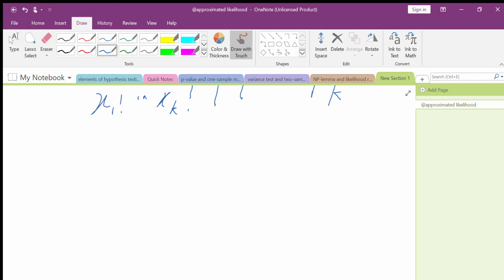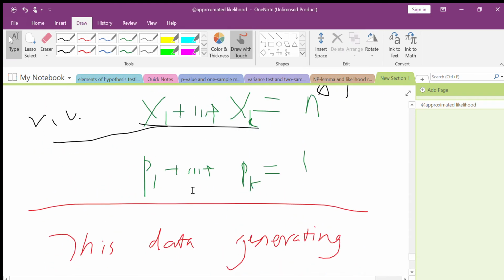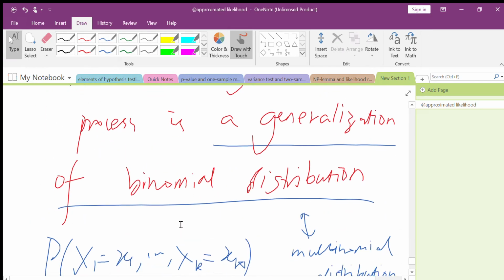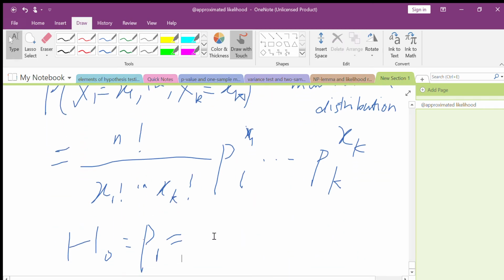So what is the chi-square test in this case? I will introduce the chi-square test. Before introducing the test statistic, let's see what hypothesis we are interested in. We have K parameters and we want to test them simultaneously.